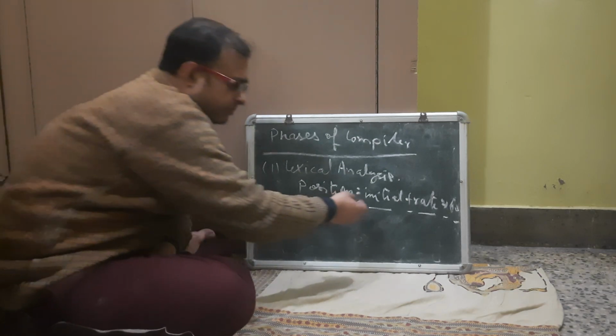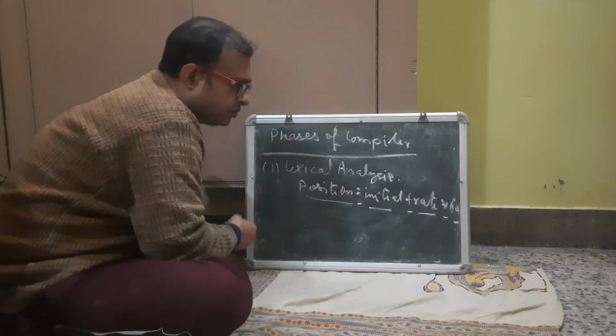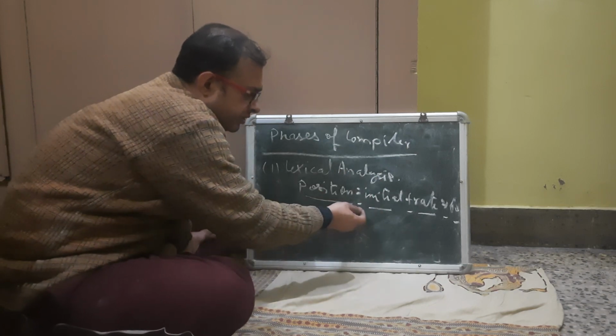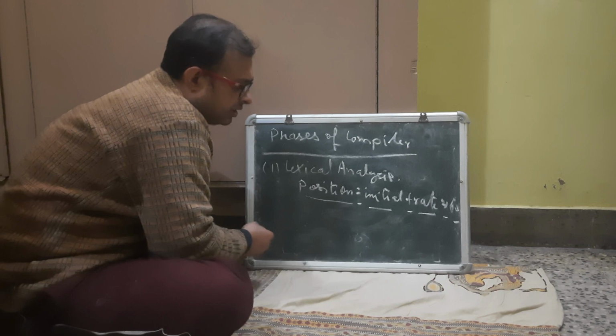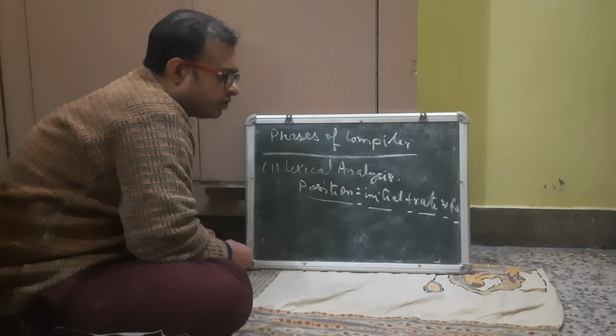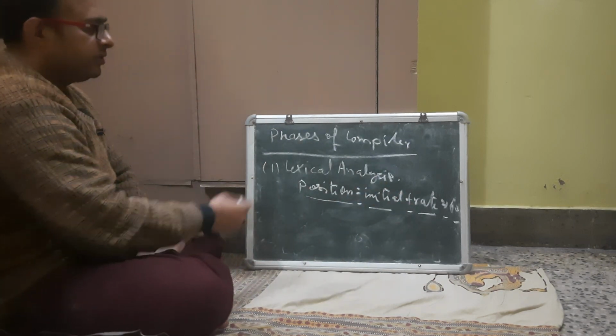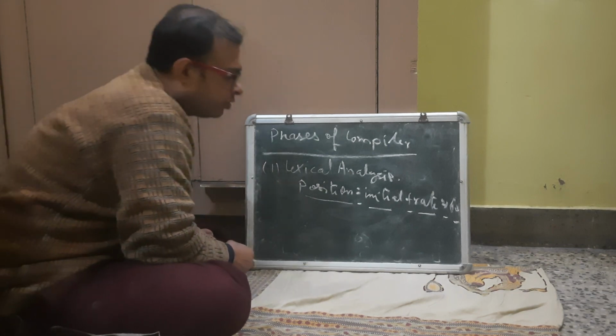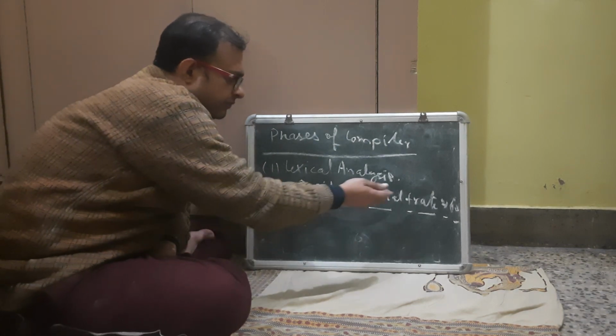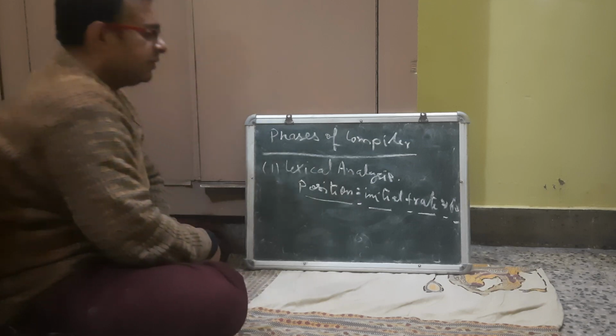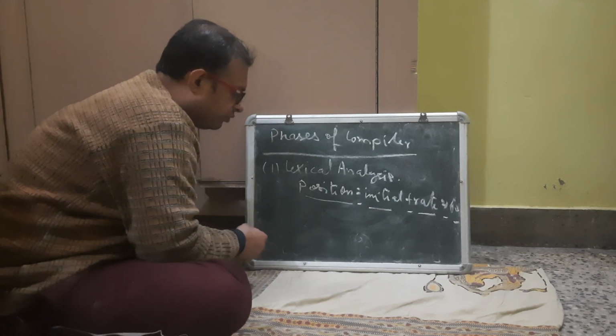Position is an identifier. Similarly, initial is also an identifier. Rate is also an identifier. 60 is a constant. Equal to is an assignment operator. Plus is an arithmetic operator. Star is a multiplication operator. So these fit into the operator category, and these fit into the identifier category. So these are different categories of tokens.